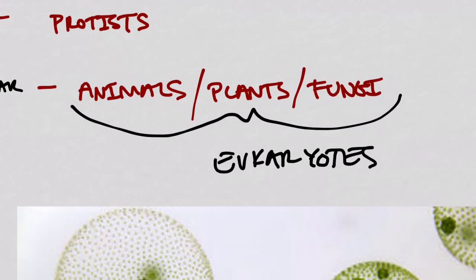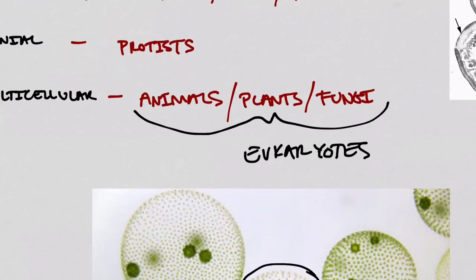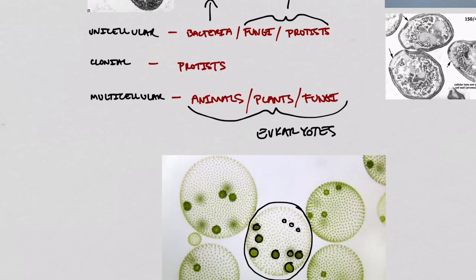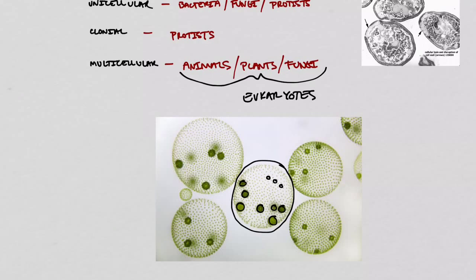So, for example, in us, we are multicellular organisms, and our heart tissue is very different from our brain tissue, which is very different from our skin tissue, which is very different from our blood tissue. In colonial organisms, all the cell types are the same, and even though they're living in a group, they're still not multicellular, which requires many different cell types living together.